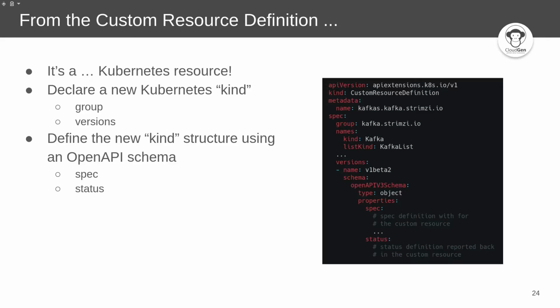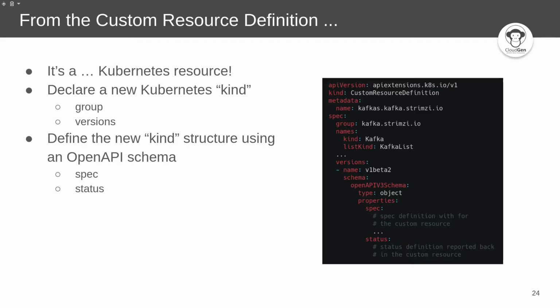So what you do with a custom resource definition, a custom resource definition is again a Kubernetes resource. In this example, I am creating a new custom resource, whose kind is Kafka. And I am describing through an API schema what is the spec and what is the status of this Kafka custom resource. So I am creating a new Kubernetes resource, which is a custom resource, and it's named Kafka.